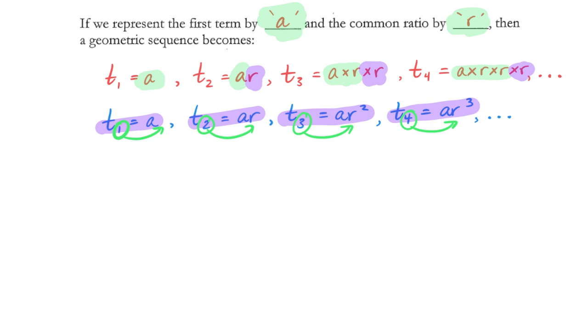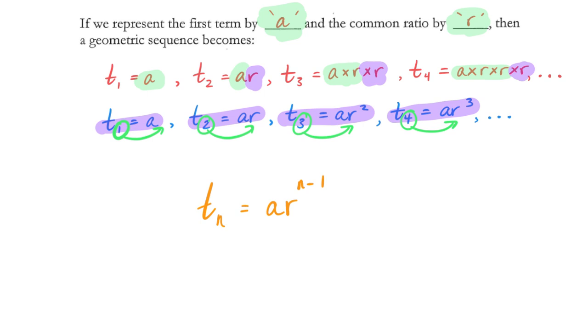So we could create a general term to say that term n has to be the value we start with, our first term, multiplied by a number of r's, and the number of r's is one less than our term number.